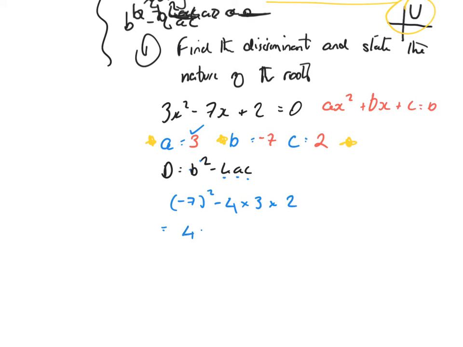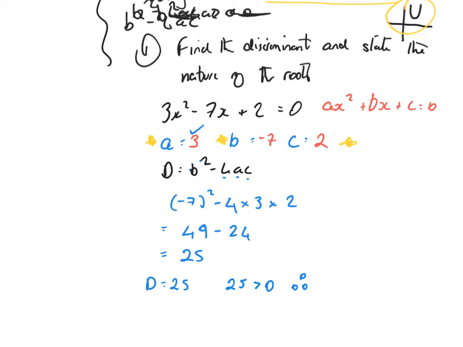Minus 7 squared is 49. Minus 4 times 3 is 12, and 12 times 2 is 24. And that equals 25. Okay, so d equals 25, that tells us a lot. What does that mean? That means the discriminant is a positive result. So 25 is greater than 0.